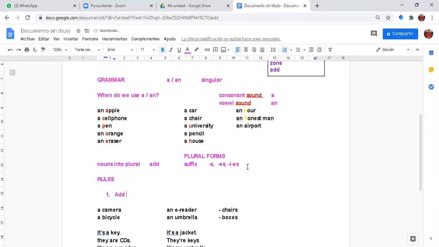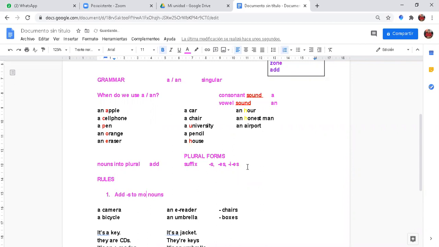What are you going to add? Add s to nouns. In general, to most of the nouns.